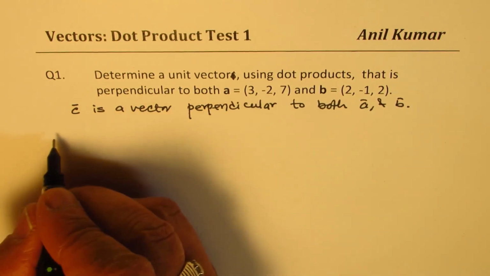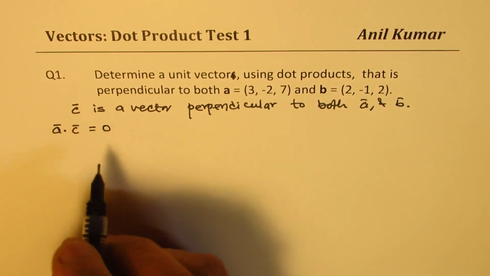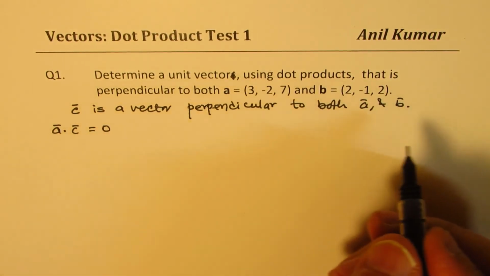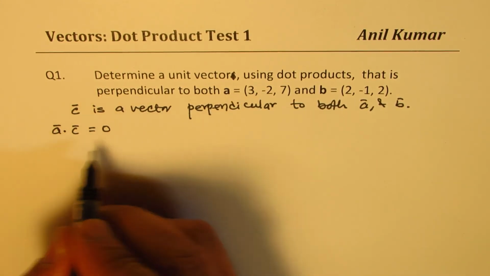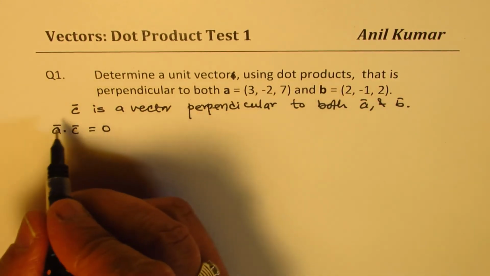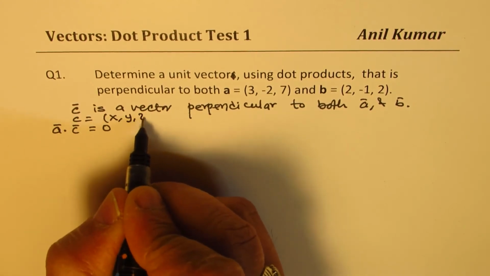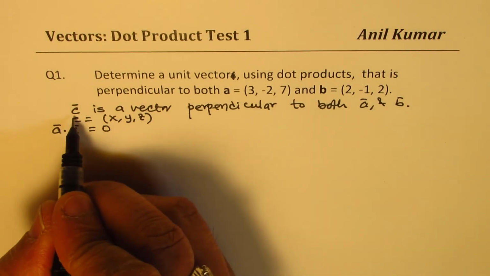So in that case, vector A dot vector C should be equal to 0. And also, if I say C is x, y, z, and A is 3, minus 2, 7, let me write down C equals, let's say, x, y, z. We don't know what it is. Okay. So that is the vector C.